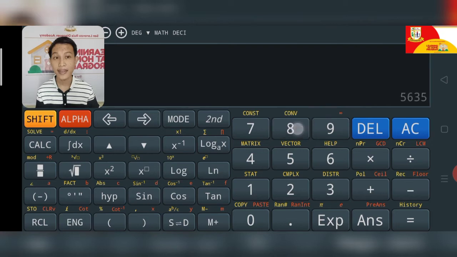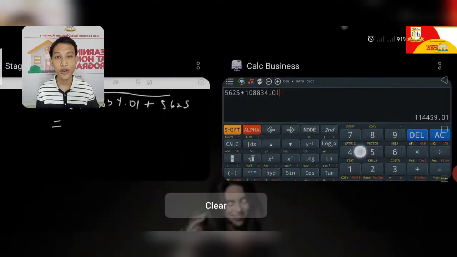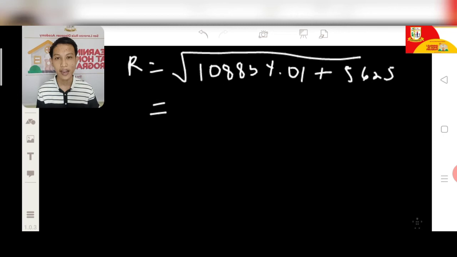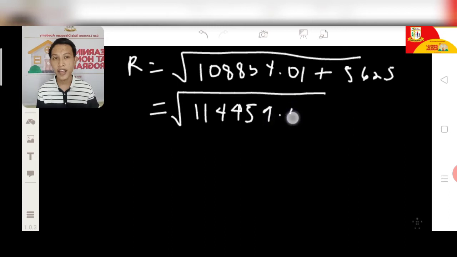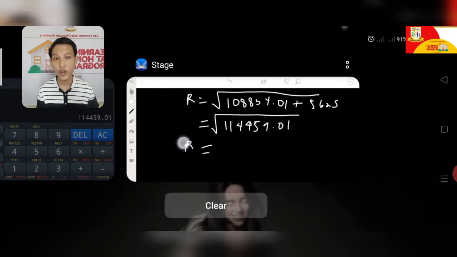That will give us an answer of 114,459.01. Okay, and then get the square root of that sum of the two vectors.